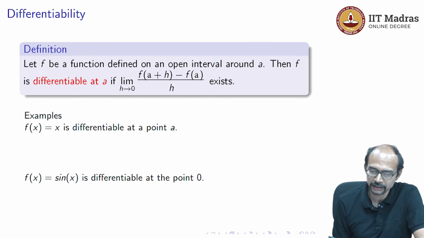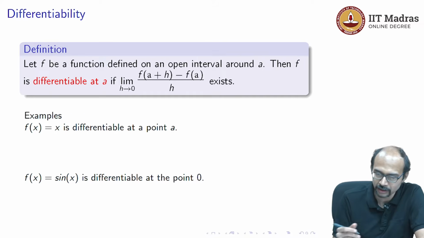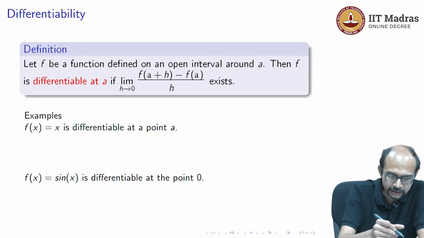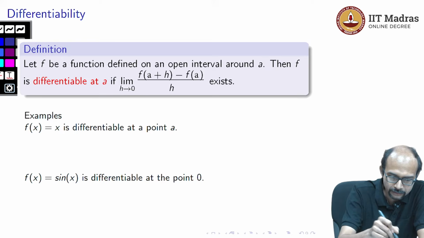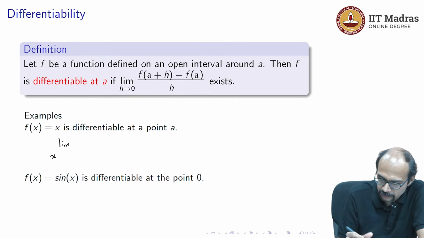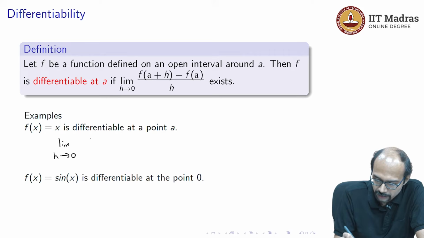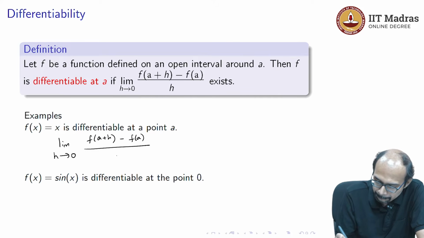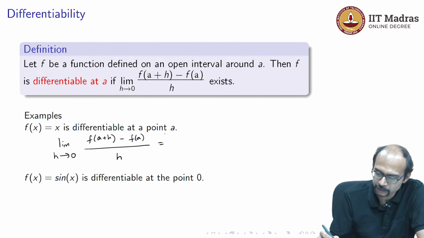So f of x equals x is differentiable at a point a. Why is that? Let's do this computation explicitly. The limit as h tends to 0 of f of a plus h minus f of a, divided by h. What is a here? A is any point. What is my function?